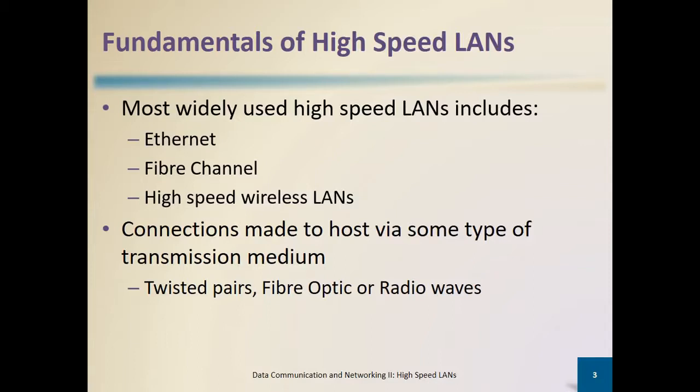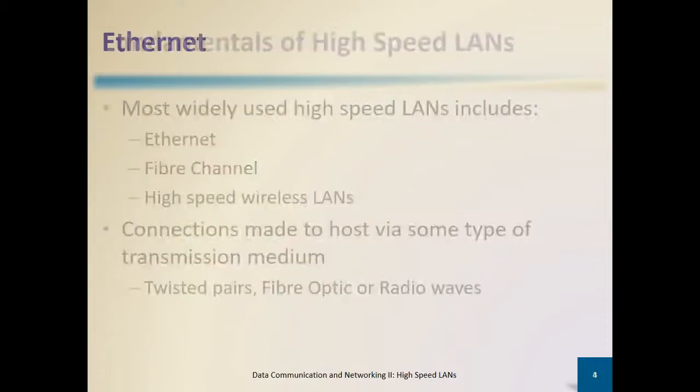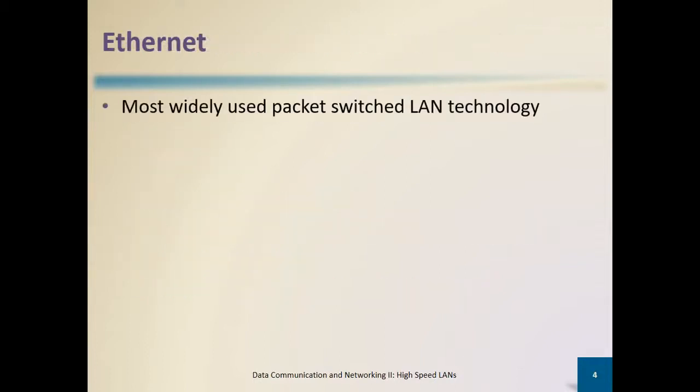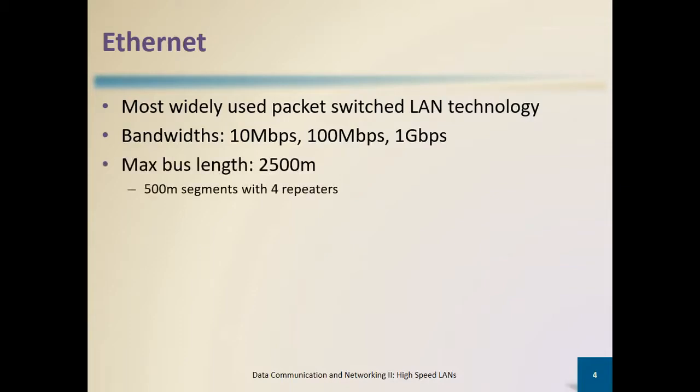So we have twisted pair, fiber optics or radio waves. So that's what's going over within Ethernet, mostly used as a packet switch LAN technology. And bandwidth was obviously 10 meg all the way up to 10 gigabits per second.